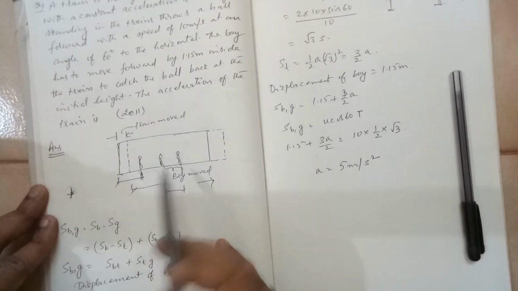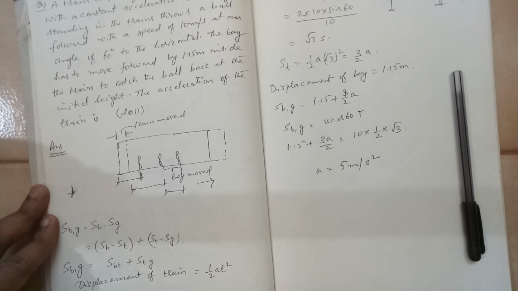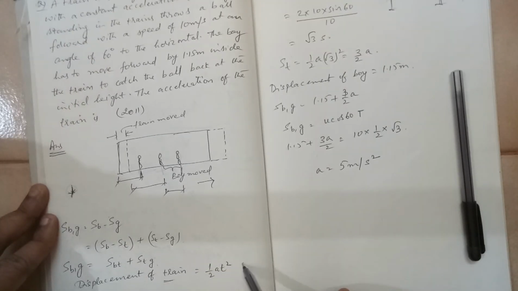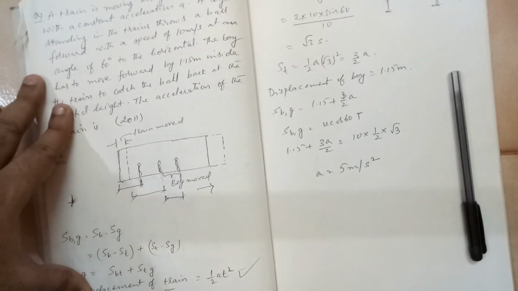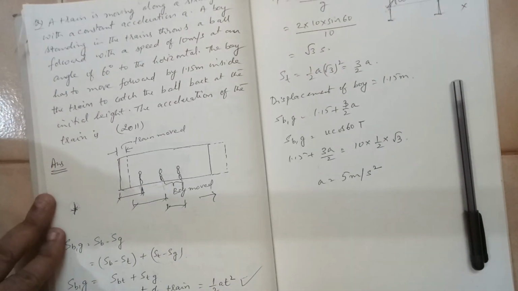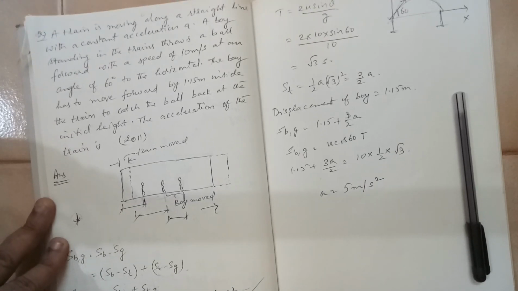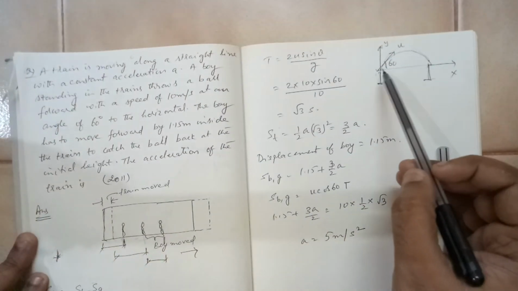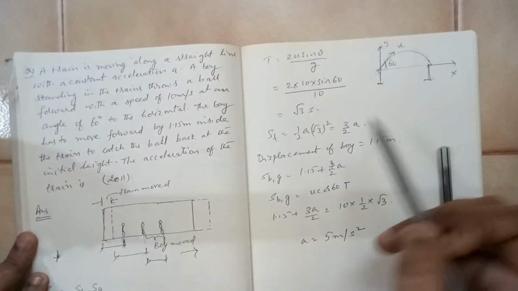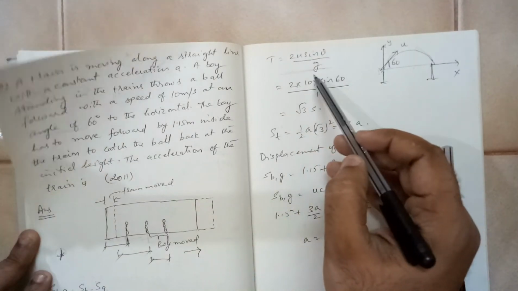Now how much did the train move? The displacement of the train will be half a t square. And what is this time? This time will be the time when the boy again catches the ball at the same height, so that time is the time of flight, 2u sin theta by g.